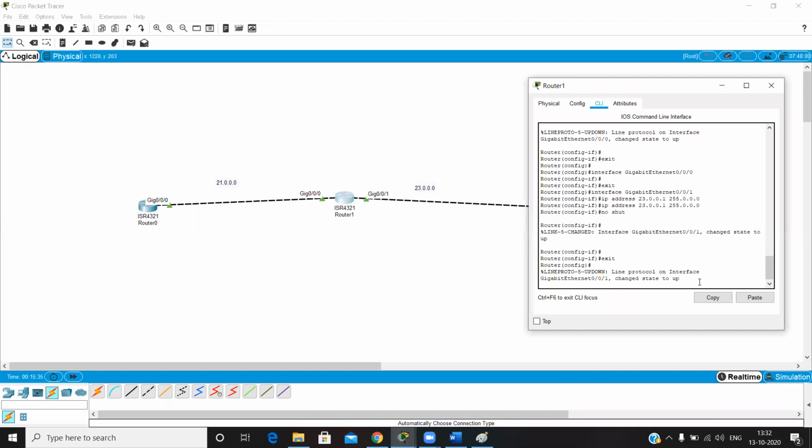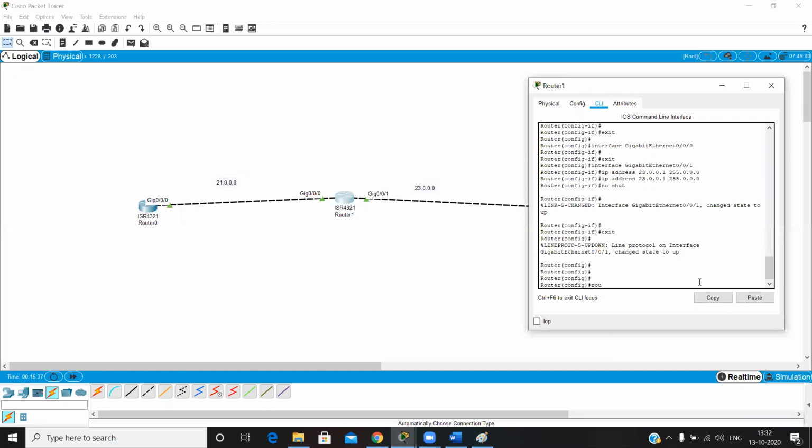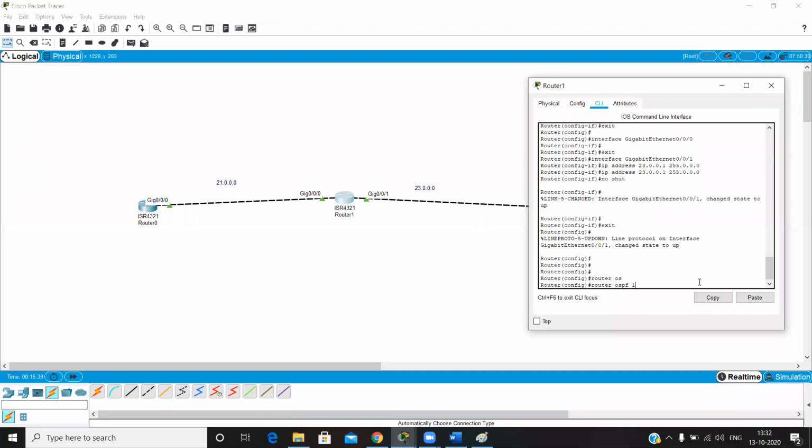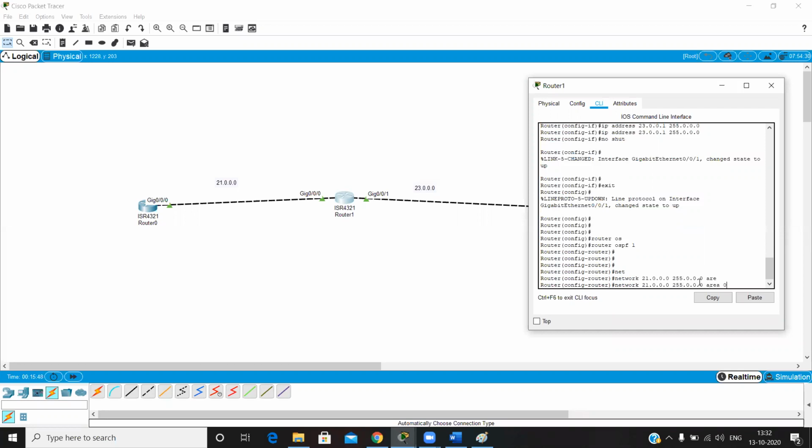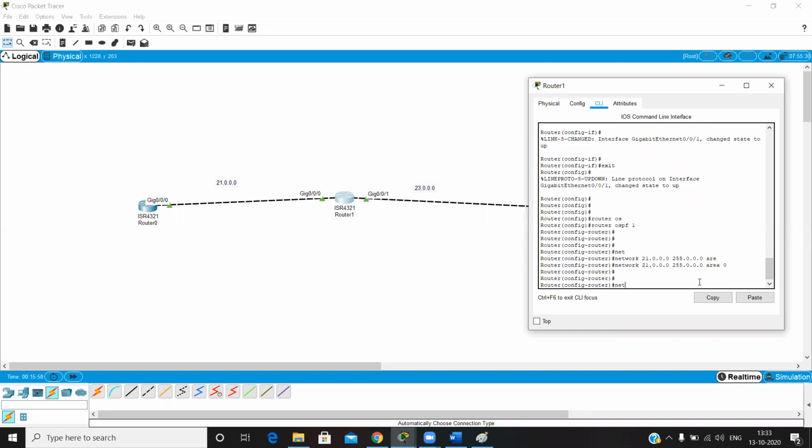Now I am on router 1. Router ospf 1, network is 21.0.0.0, subnet is 255, area ID should be the same, network 23.0.0.0.